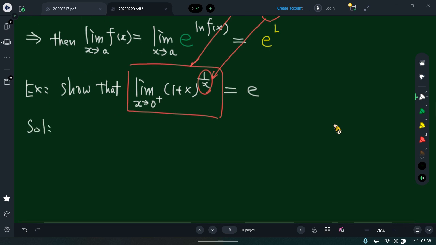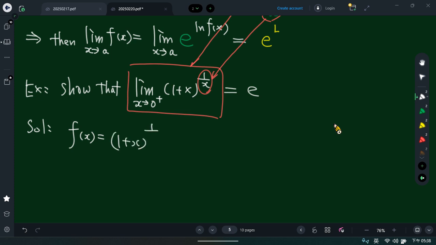So the first thing is, I let f of x be equal to (1 plus x) to the power of 1 over x. If we want to let the power down to the ground, to be the coefficient, one way is to calculate its ln value for f of x.